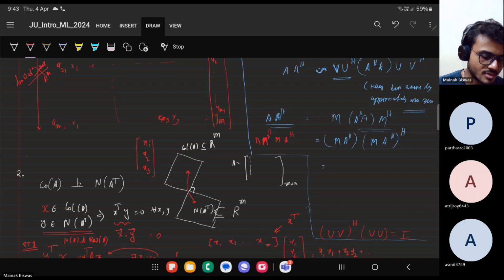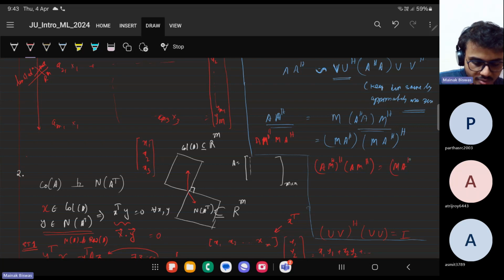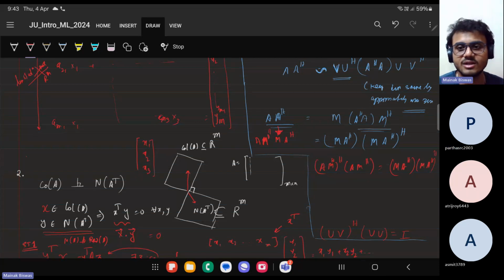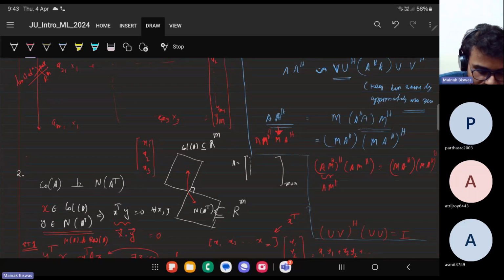So you get AM Hermitian AM is equal to MA Hermitian, MA Hermitian, whole Hermitian, right? Agreed? The left hand side I just multiplied M Hermitian in between. Right hand side we got from the similarity transformation, right? So let us write A M Hermitian as some x.